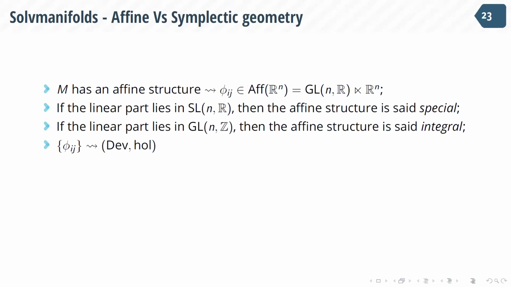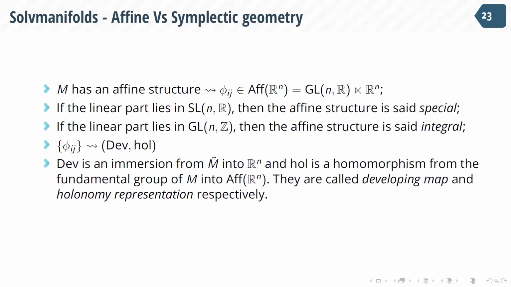Moreover, and this is very important, we can associate to an affine structure a pair of maps, the developing map and the holonomy representation. The first is an immersion from the universal covering of the manifold into R^n, while the holonomy map is a homomorphism from the fundamental group of the manifold into the affine group. The developing map can be thought of as a globalization of the affine coordinates.